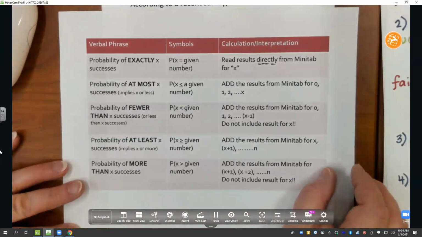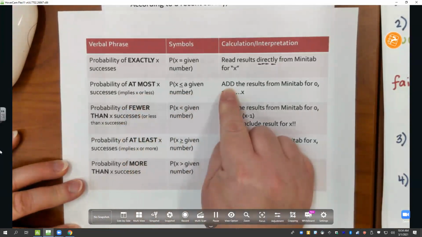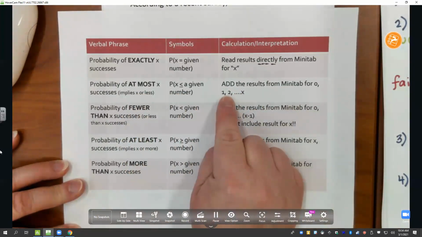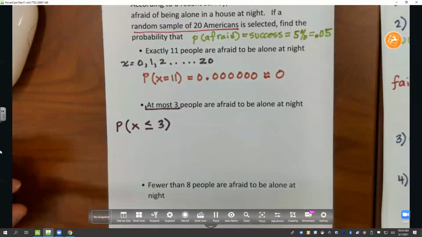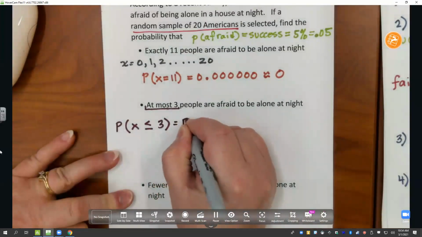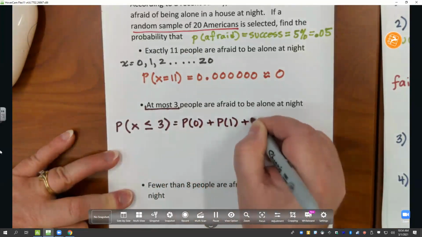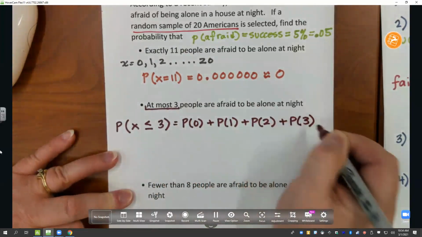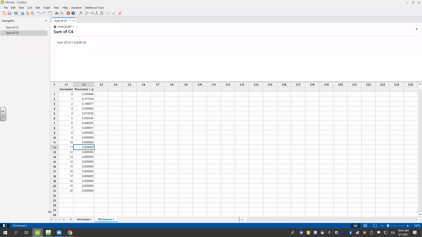I look for the phrase at most, and it does tell you there it implies X or less. So we add the results from Minitab for 0, 1, 2, all the way up to X. So for this problem, that means we're going to add the probability of 0 plus probability of 1 plus probability of 2 plus the probability of 3. But again, we're going to let Minitab do the work for us.